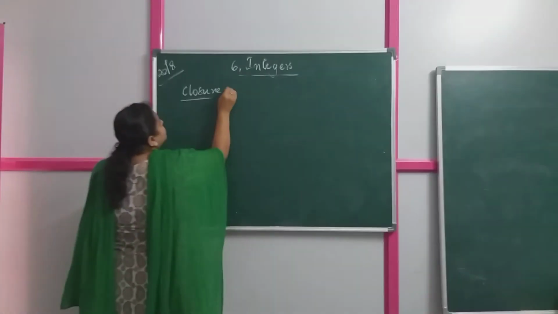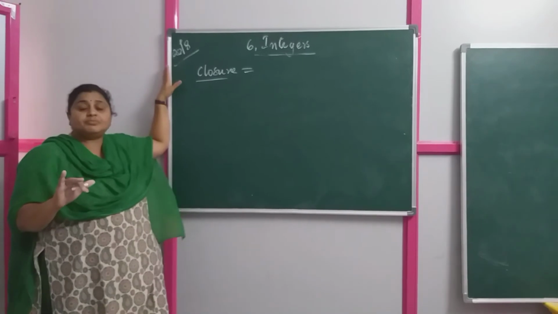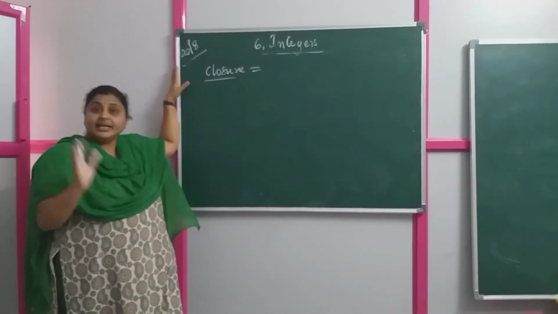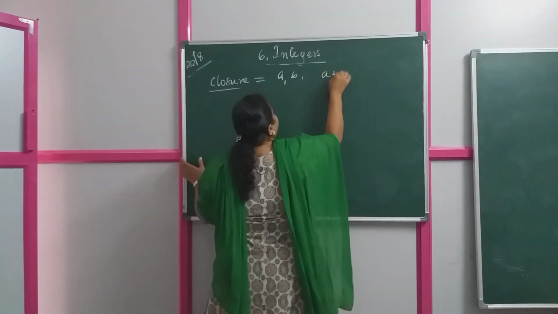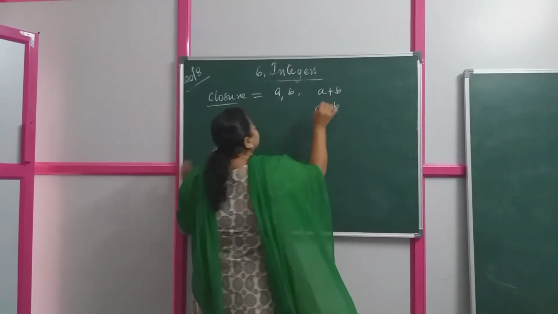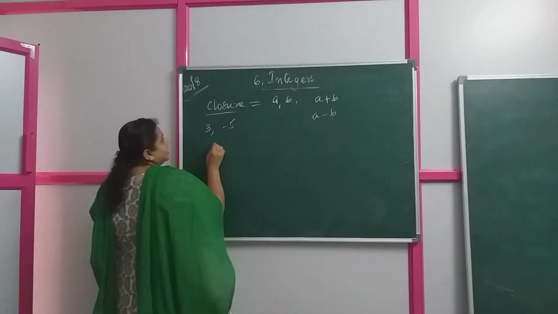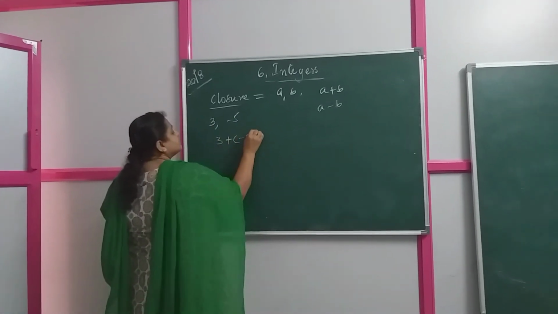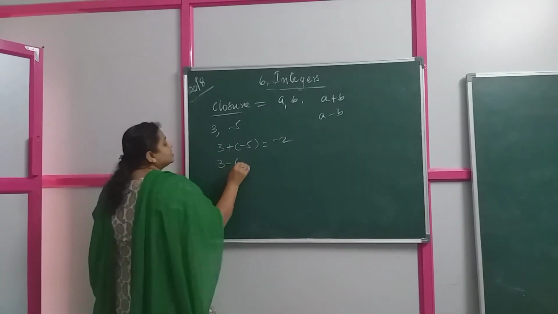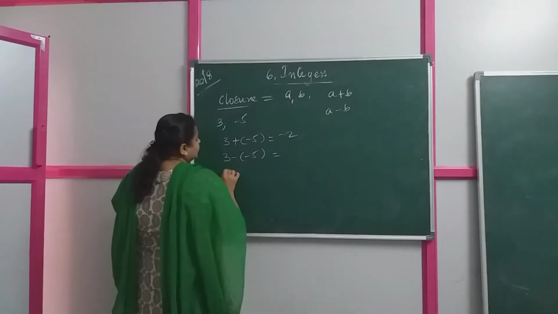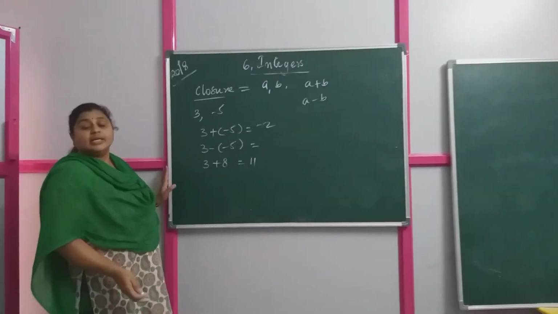We'll take examples. Closure is nothing but any two numbers you are adding or subtracting, the answer should be an integer only. If a and b are any two integers, then a plus b or a minus b should be an integer. If I take 3 and minus 5, 3 plus minus 5 is minus 2, which is also an integer, and 3 minus of minus 5 is 3 plus 8, which is 11, also an integer.